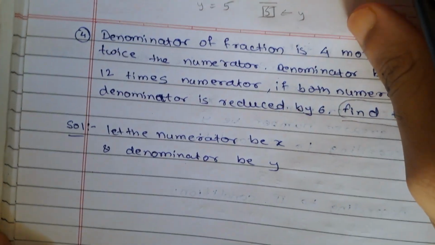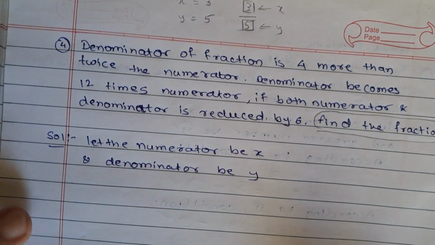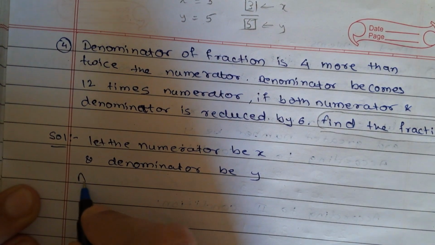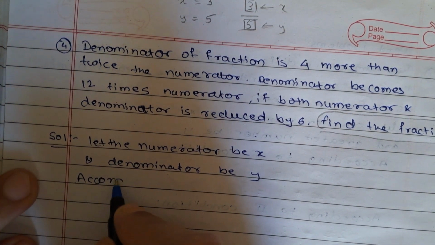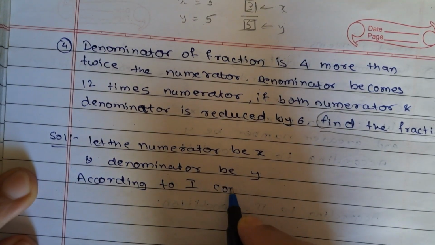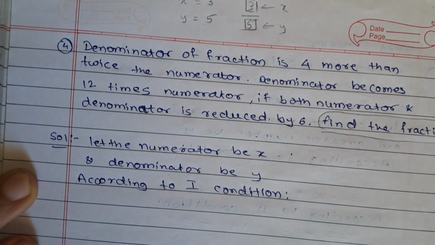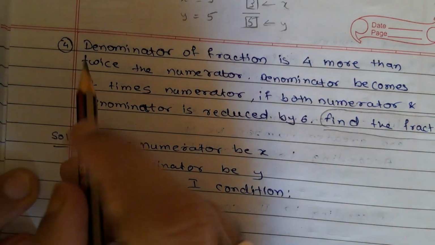Let me read the very first line. Probably that will give me some idea of what the first equation should look like. According to the first condition, let's read the first line and see how it will help me frame an equation.